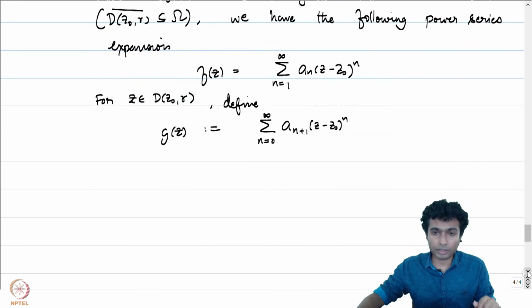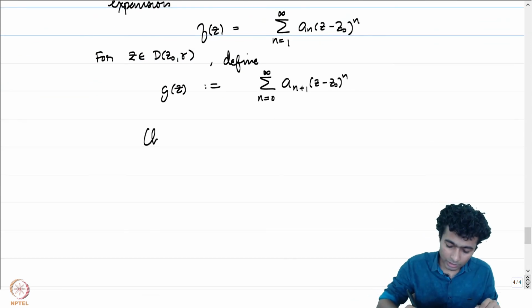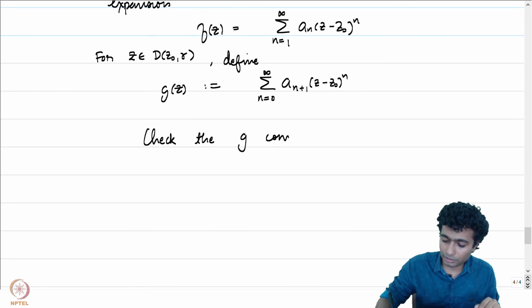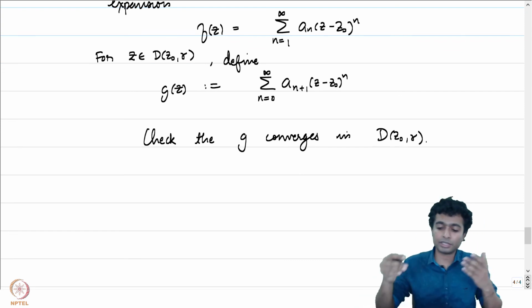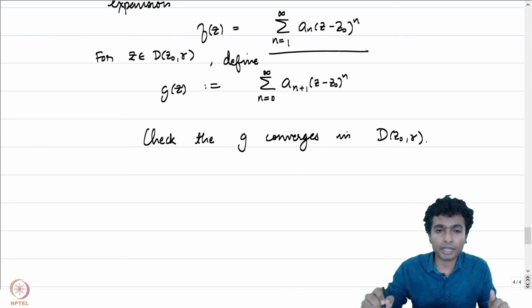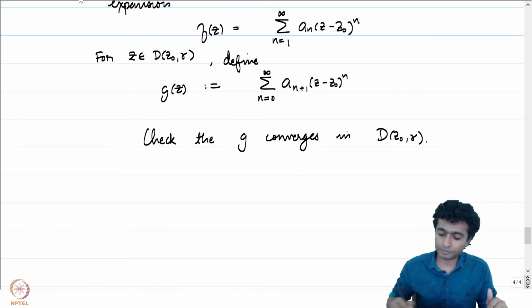And it's a good check for you to sit down and work out that g converges in D(z0, R) as well. It has the same radius of convergence as the power series summation a n z minus z0 to the power n.